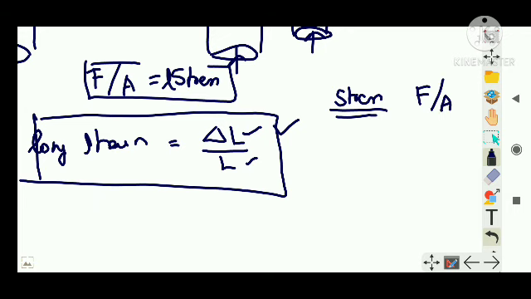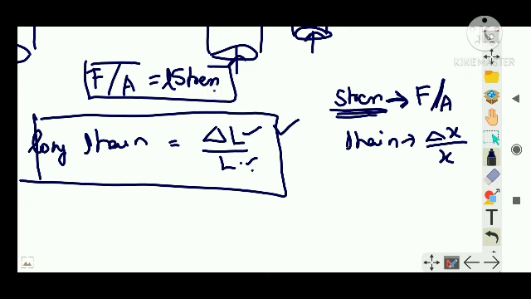Actually, stress is like pressure itself. It can be restoring or deforming force, how much is applied per unit area. Strain is how much change that stress has caused, in length, volume, whatsoever, compared to its initial form.